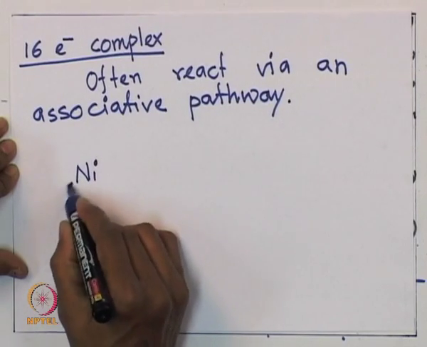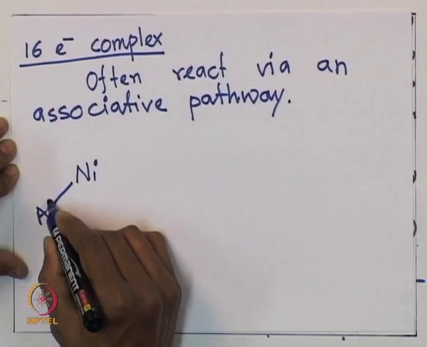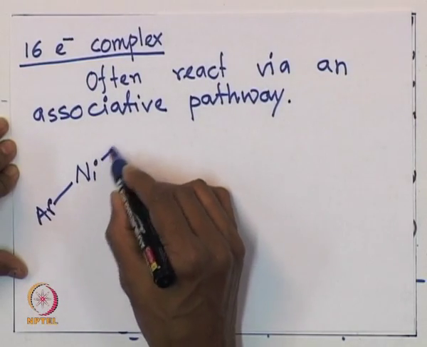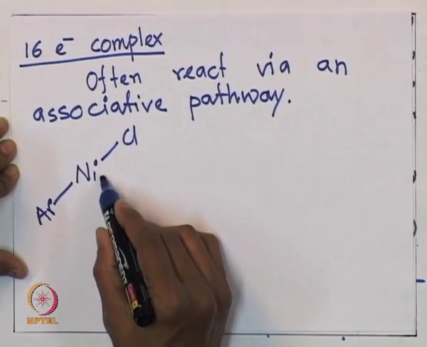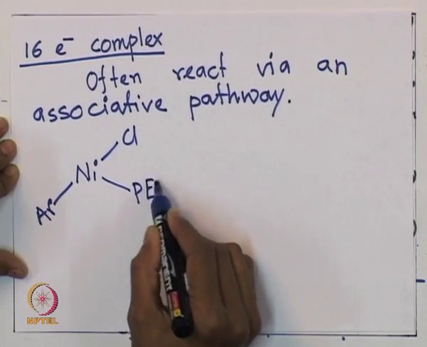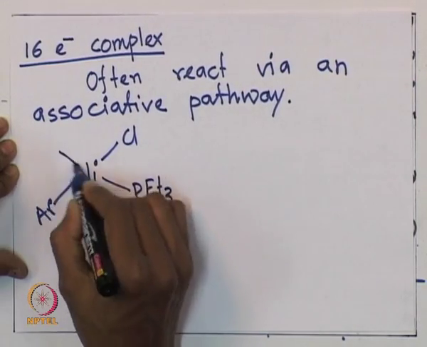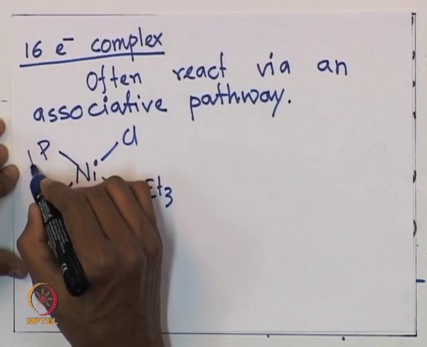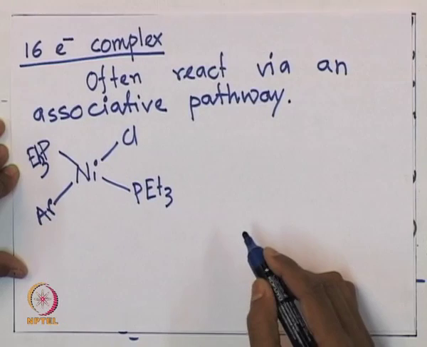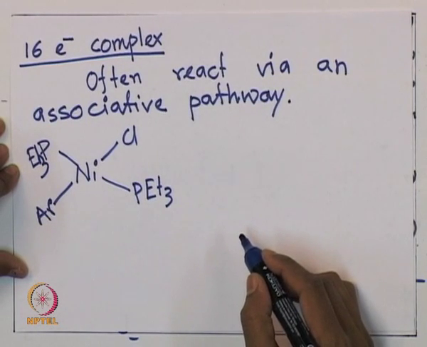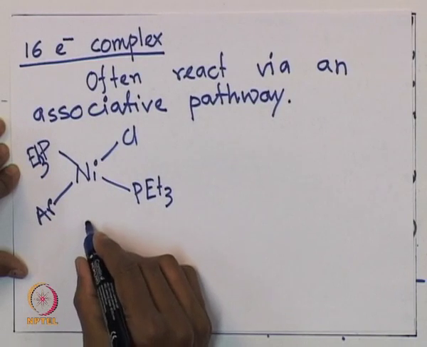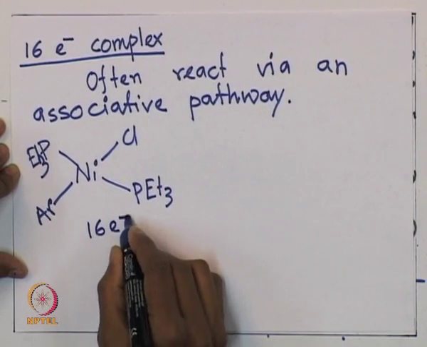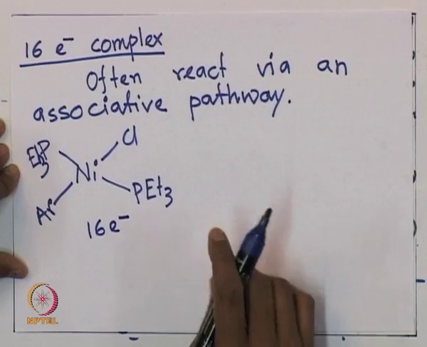We have one of these complexes, which is again an organometallic complex, a nickel complex rather. This is a nickel aryl chloro triethylphosphine complex. Now, if you quickly do the electron count, you will find that this is a 16 electron complex, right.